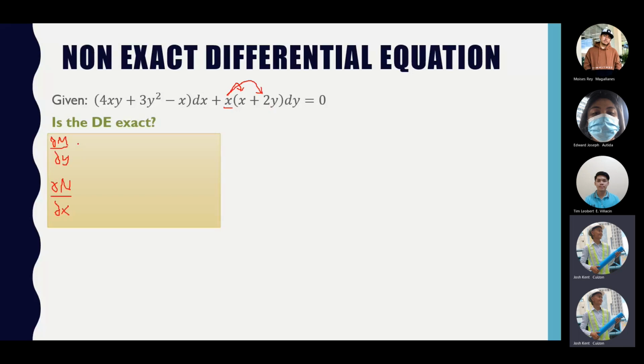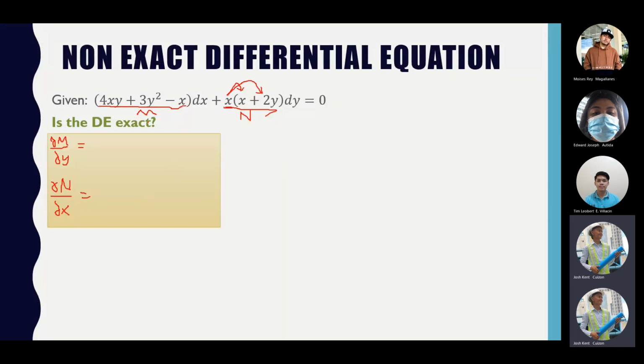So again, when we take the partial of M with respect to y, we treat x as constant, while for the partial of N with respect to x, we treat y as constant. So in here, this is our M, right? Okay, tapad siya ni dx. While kani siya, this is N kay tapad siya ni dy.